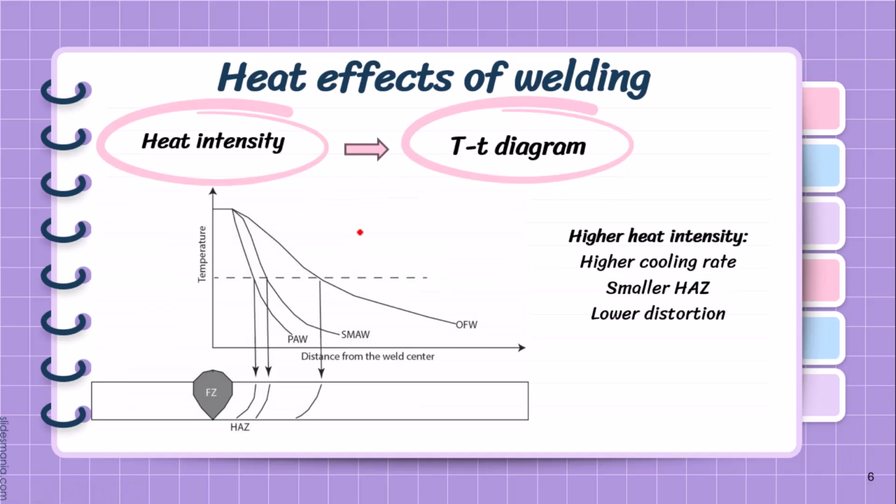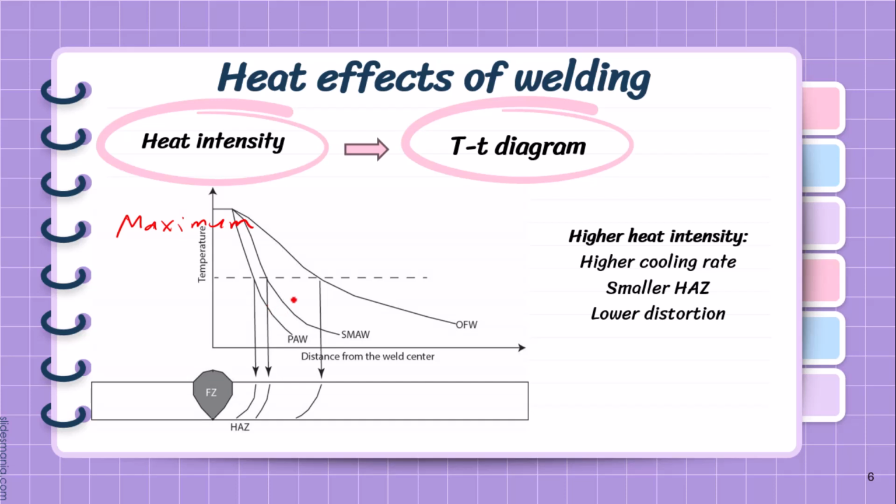The other parameter that is influenced by heat intensity is the temperature gradient that we have during the welding process. Here we have temperature versus the distance from the welding center, and this temperature is the maximum temperature that we have in each point.